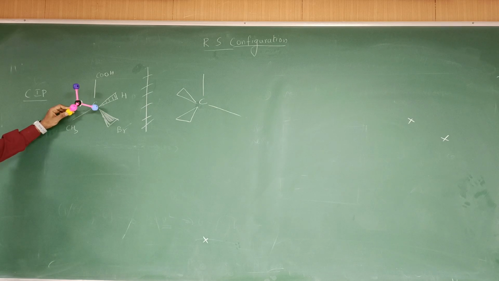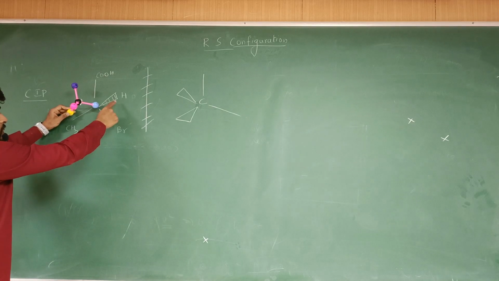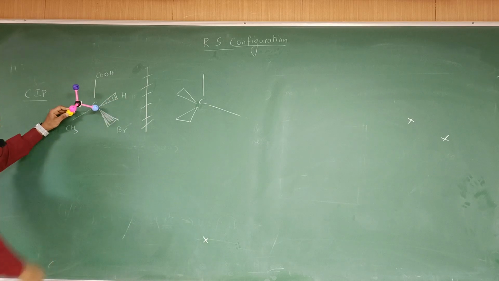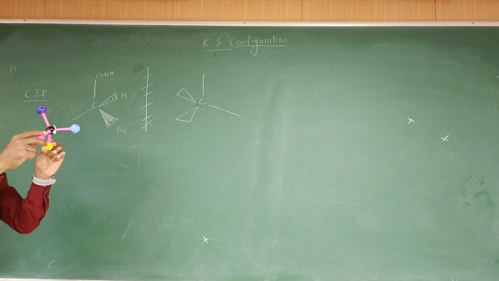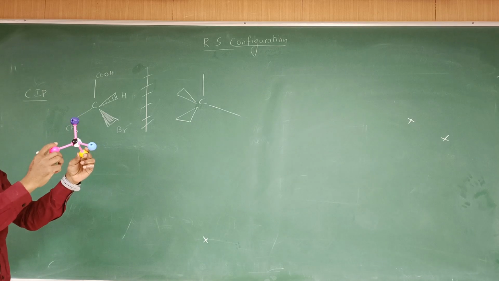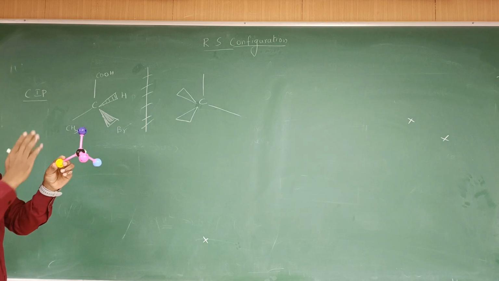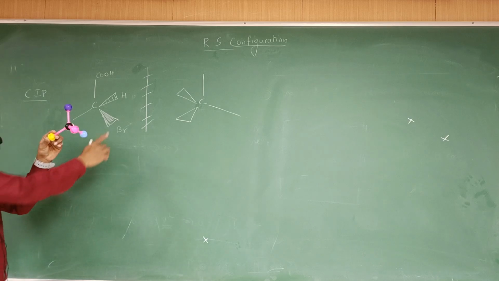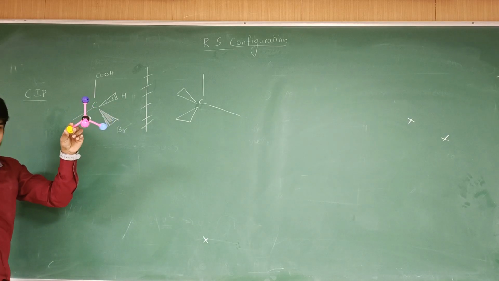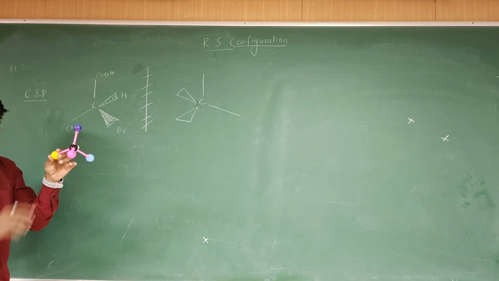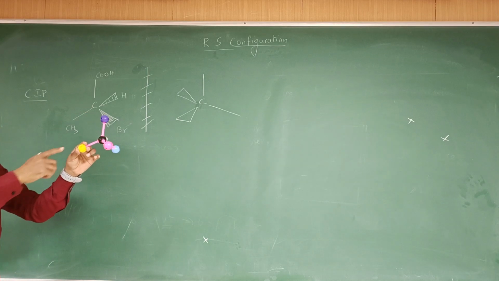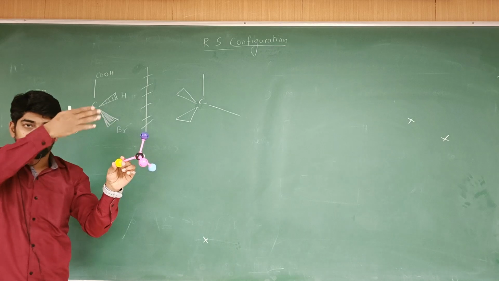In these 4 groups, the hydrogen is directed into the plane of the board. Is that understood? The plane of the board is like this. Let me take this as the plane of the board. The hydrogen is into the plane of the board. Bromine is out of the plane of the board, whereas the COOH and CH3 are in the plane of the board.